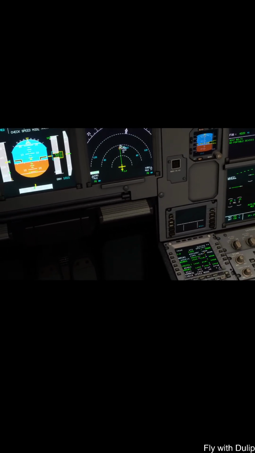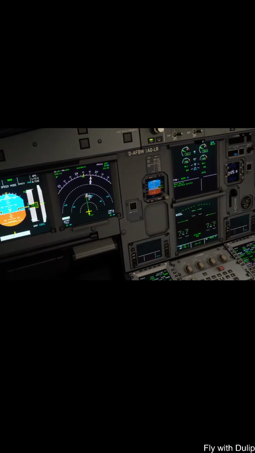Now from the Lalu 1 Delta to here it is around 38 minutes. We came quickly, it seems.